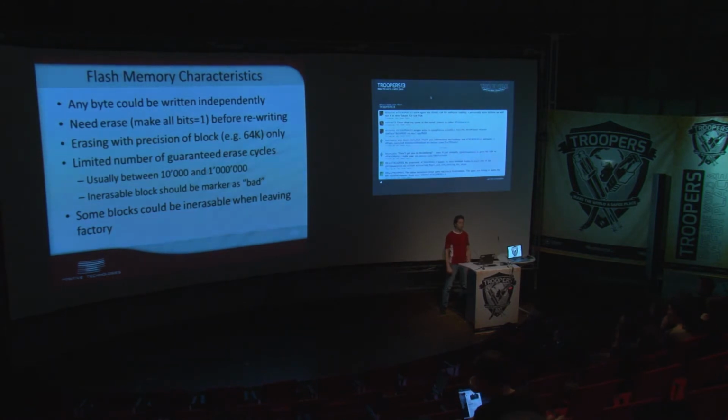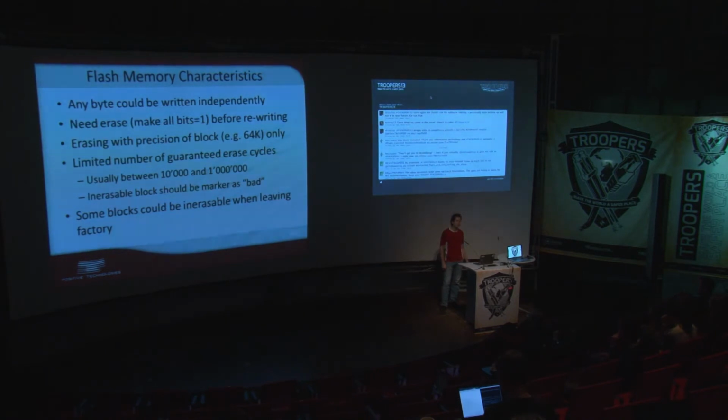Another big difference of flash memory in comparison with a magnetic drive is the limited number of erase cycles. With modern, good, high-quality magnetic drives, you can rewrite the same sector a huge number of times and it still works fine, so you will have no problem reading or writing data to that sector.